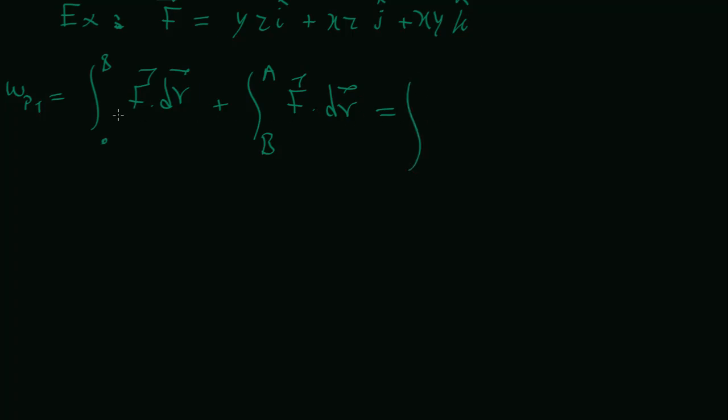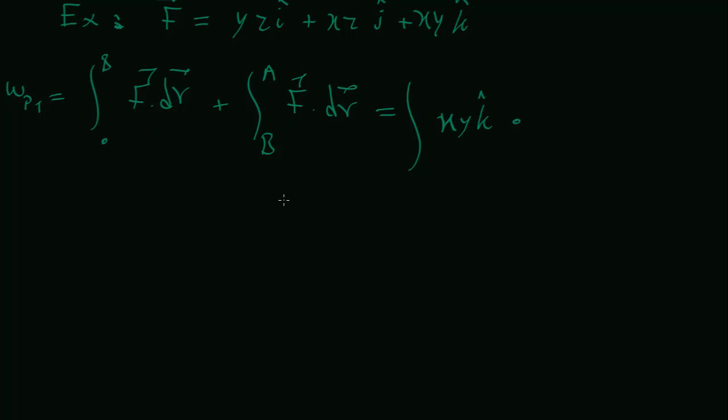If we substitute Z equal to 0 in the force equation, we only get xy in the k direction, dot dr, which was dx in the i, dy in the j, and also dz in the k.